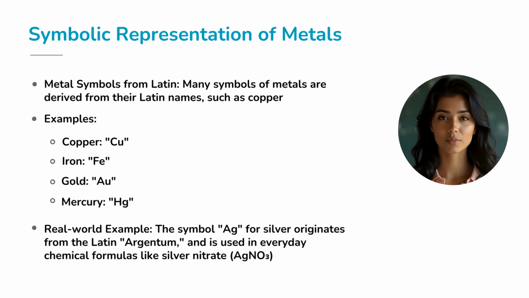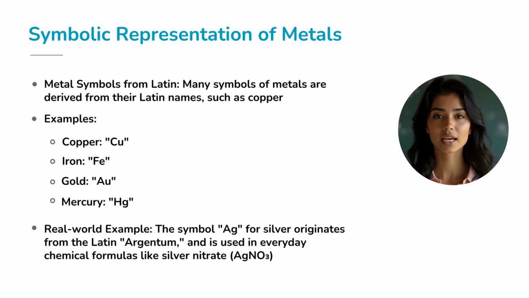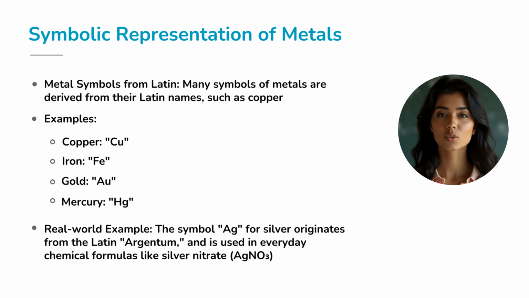Now, let's talk about the metals, which have some interesting stories behind their symbols. Did you know that many metal symbols are derived from their Latin names? For example, copper is represented by Cu from the Latin word cuprum. Similarly, iron is Fe from ferrum, gold is Au from aurum, and mercury is Hg from hydrargyrum.